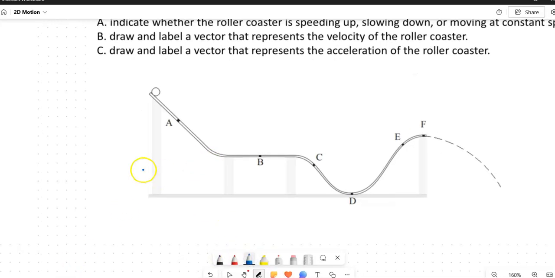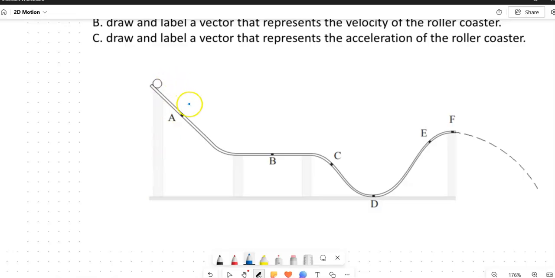At this instant right here, when it's at A, the velocity vector, which is always parallel to the direction of motion, is right there. And since it's on a downhill inclined plane, it'll be speeding up. So that means the acceleration vector is going to be in the same direction. So this will be speeding up.